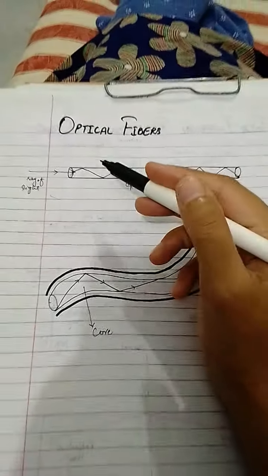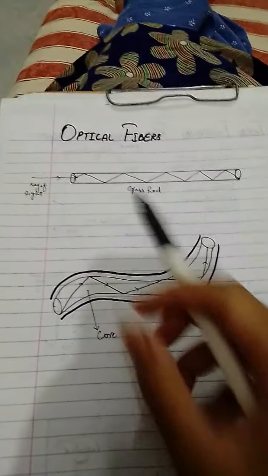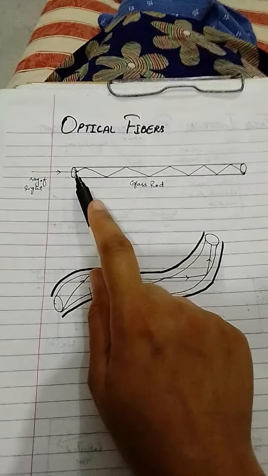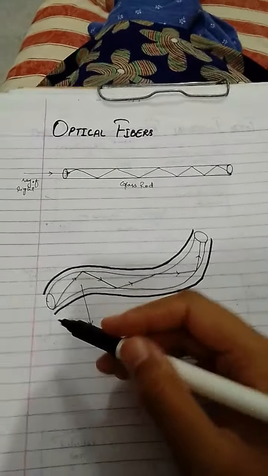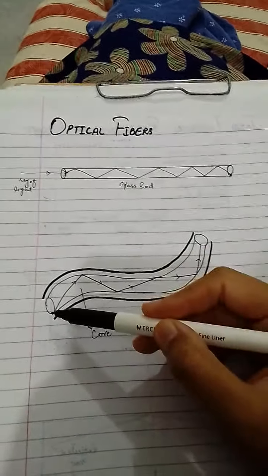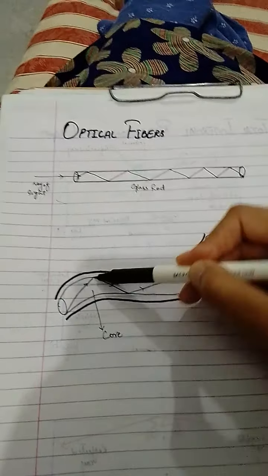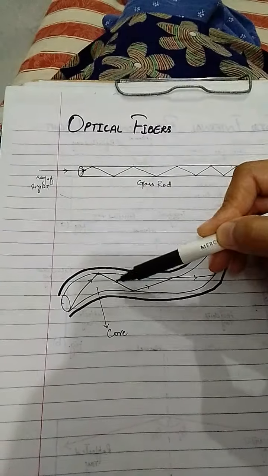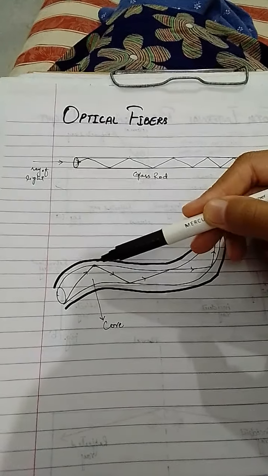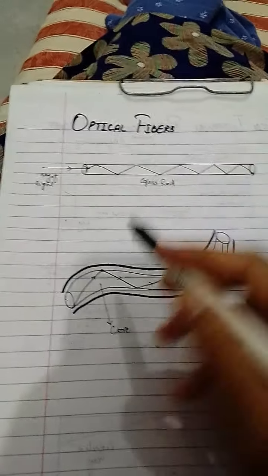So optical fibers are flexible, of course. These are not just rigid glass rods. These are flexible and they have curves. In the case of curves, the light enters from this point, strikes the surface, and gets reflected back, because this is internal reflection.